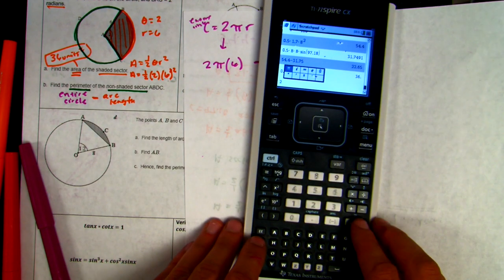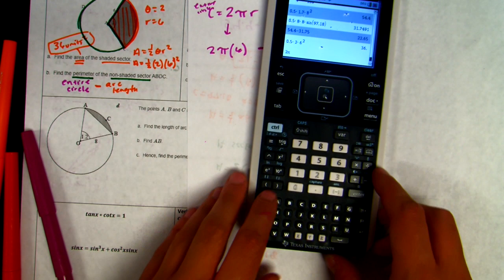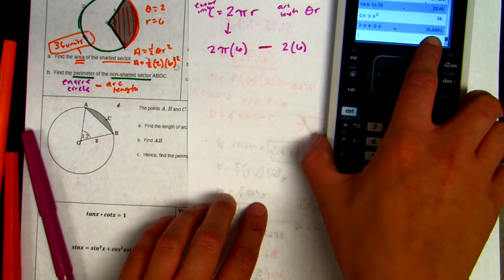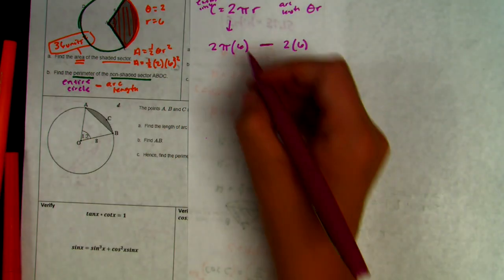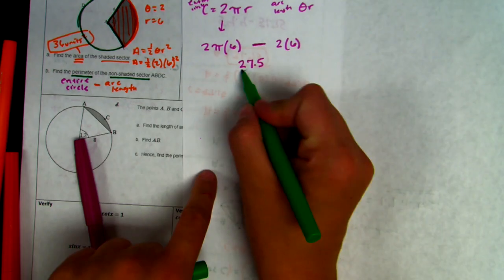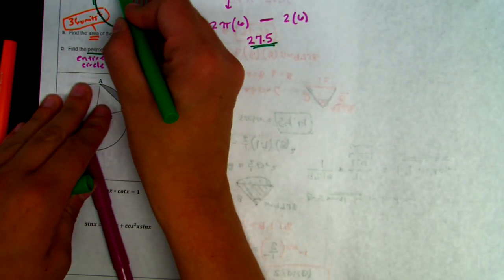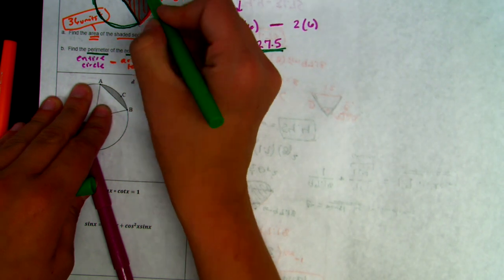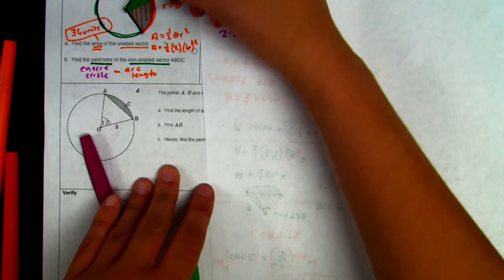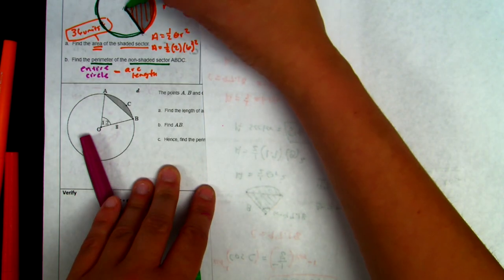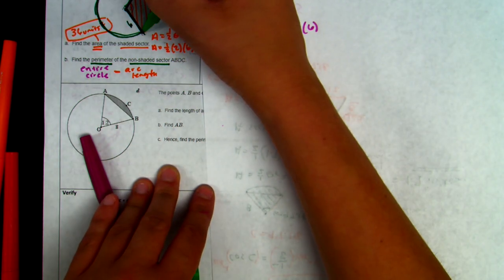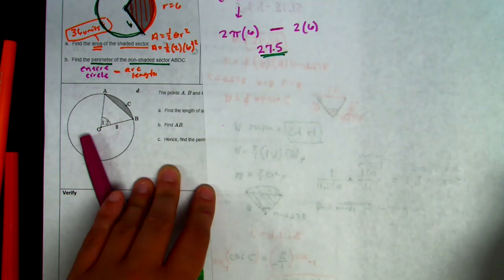2 pi times 6 minus 2 times 6. That gives me 25, we'll round that to 25.7. So 25.7 gives me this distance here, right? It is the entire circle minus this orange piece. But this shape says non-shaded sector, so that includes these radii here. So plus 6 for a radius here, plus 6 for a radius here.